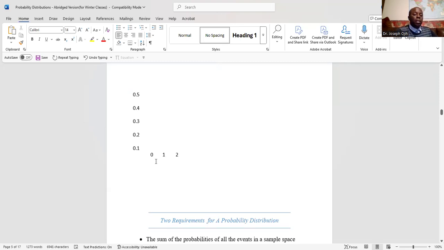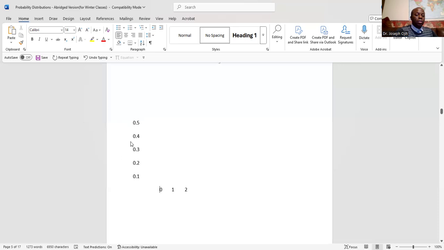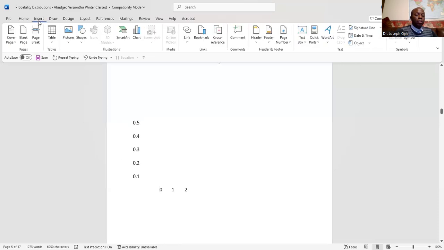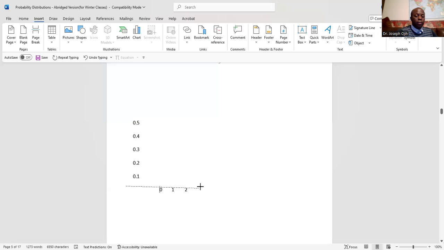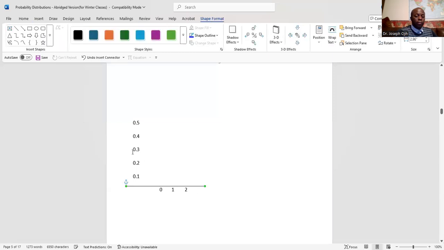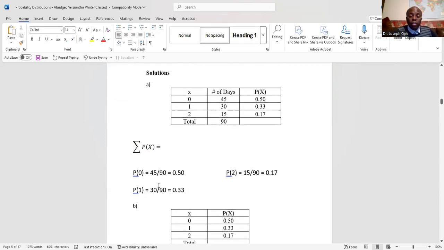Now we can put our diagram here. I'll insert it. Now put this line. That is the outcome x, which is the number of chainsaws, right?